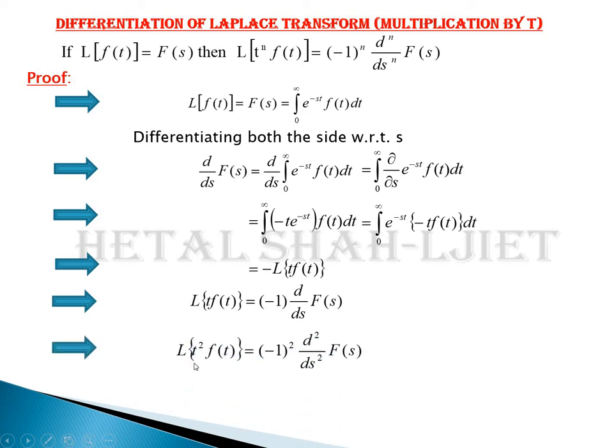Similarly, for Laplace of t square f of t, that is minus 1 square, second derivative, d square upon ds square of F of s. In this way we can write Laplace of t raised to n f of t is equal to minus 1 raised to n d raised to n upon ds raised to n of F of s. So this is the proof of the differentiation of Laplace transform.